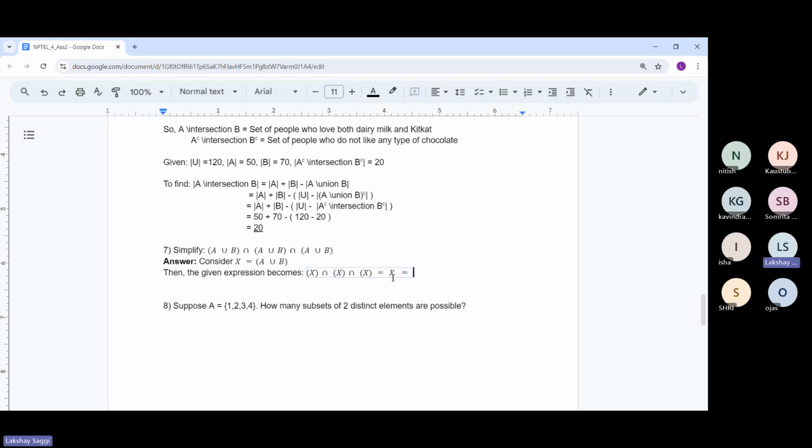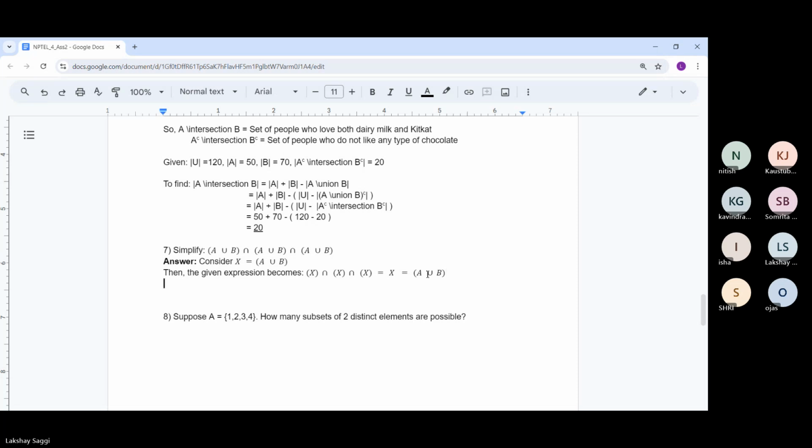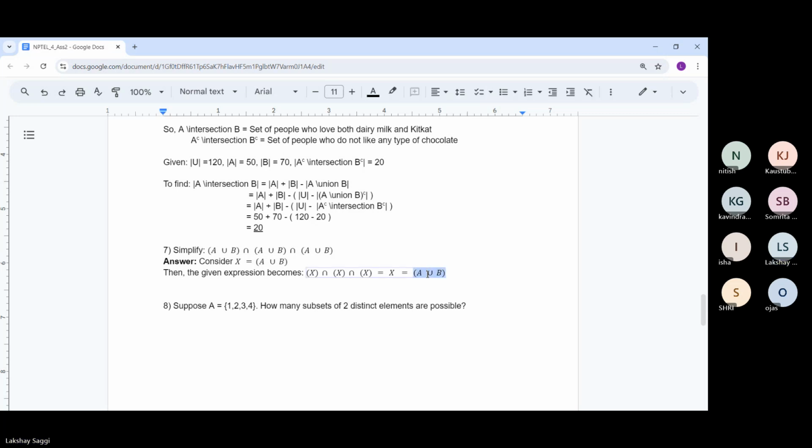X is nothing but what it was originally, A union B. So this is the final answer for us. Maybe I should underline this.